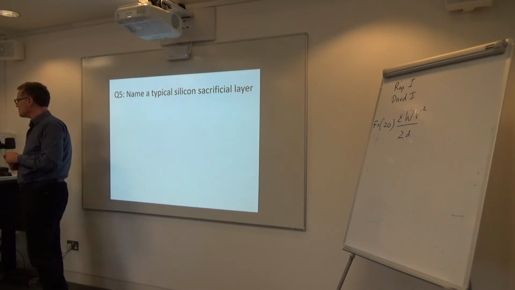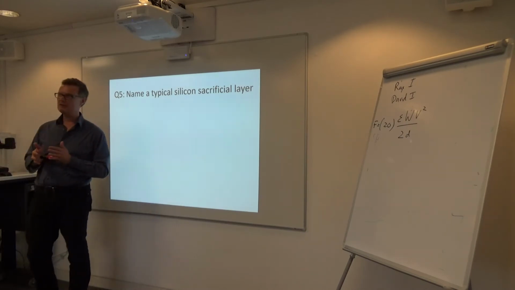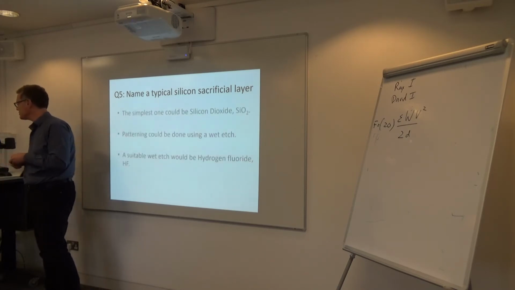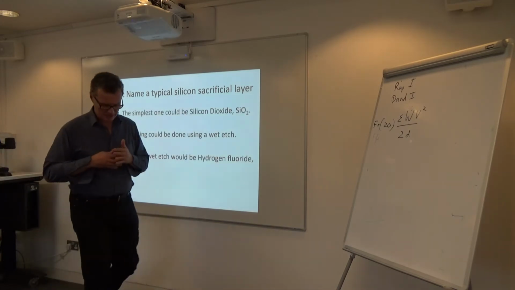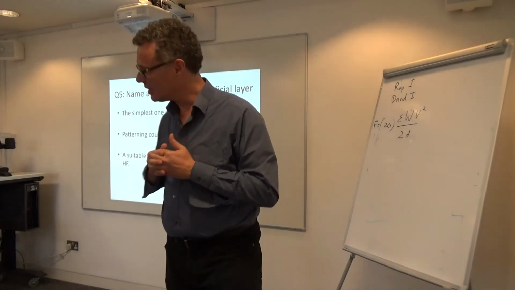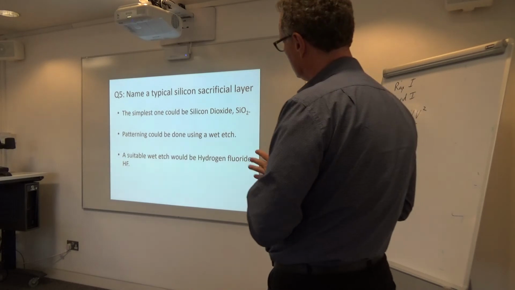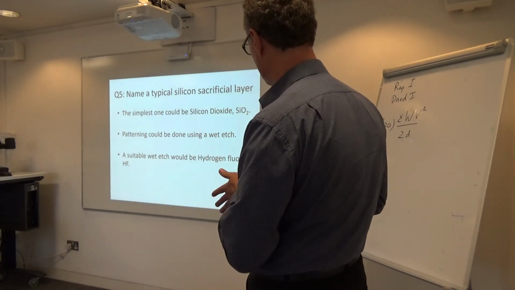Okay. Name the typical silicon sacrificial layer. I think we had one before. Anyone? Silicon oxide. Silicon dioxide. Okay, so silicon dioxide patterning could be done when you're using a wet etch.